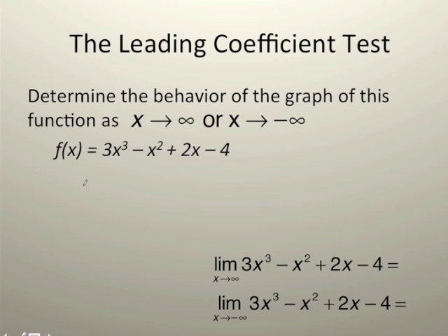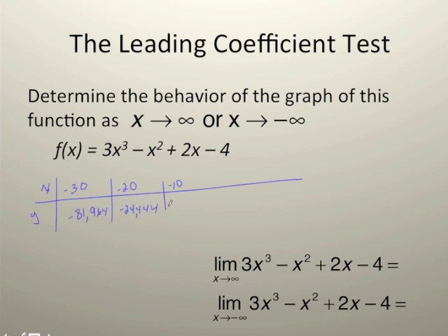So another one to try, we have 3x to the third minus x squared plus 2x minus 4. So x and y again. Negative 30 gives me negative 81,964. Negative 20 gives me negative 24,444.